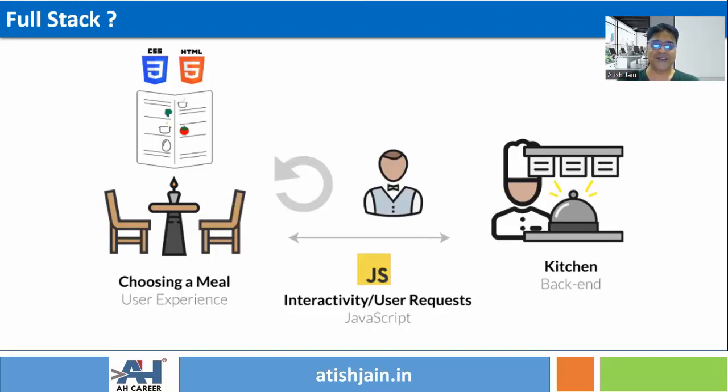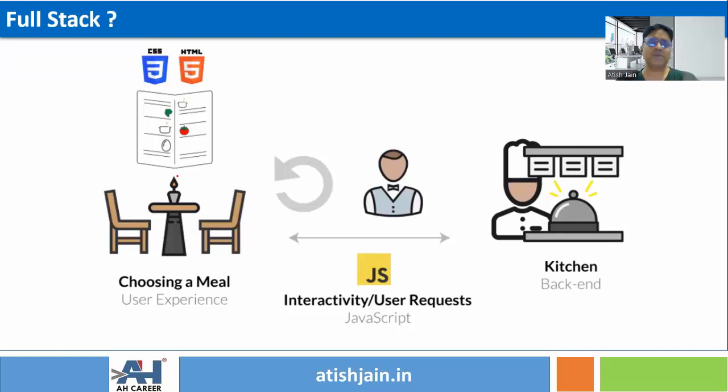You can go through that menu, you can experience the ambience of the restaurant. So the user experience of that restaurant, what you see, what you feel, is known as the front end. And that's where the HTML, CSS technologies come into the picture.